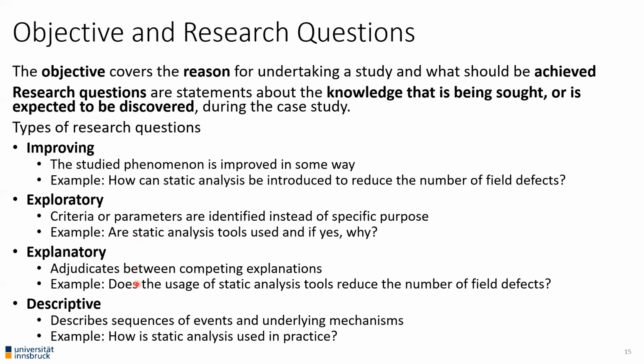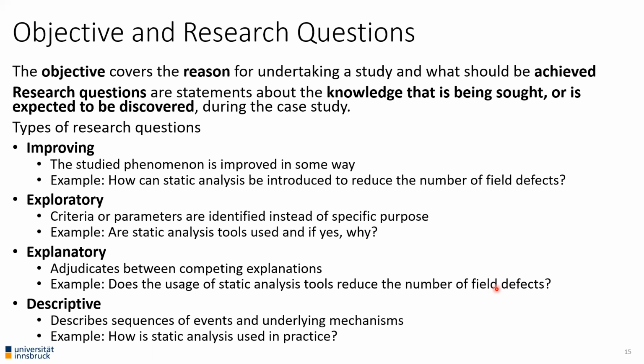Then explanatory questions could look like: does the usage of static analysis tools reduce the number of field defects? You want to really investigate the cause-effect relationship between the application of static analysis tools and field defects. You may immediately see that this can become difficult for case study research, because if you investigate them in their environment, it's hard to isolate the influence that the static analysis tools have on the number of defects.